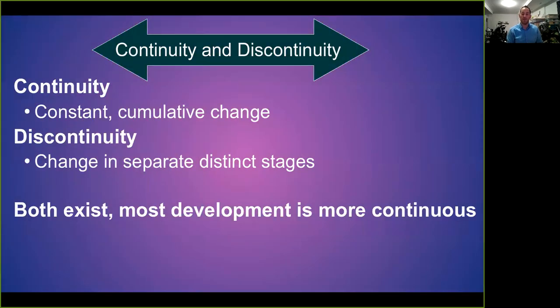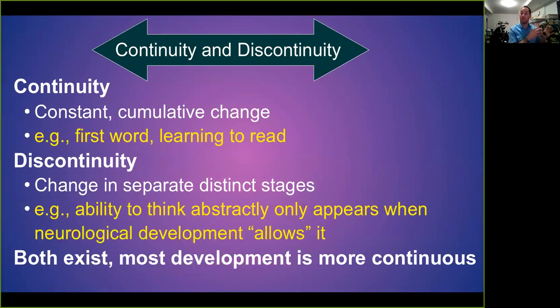Continuity versus discontinuity. A good example of something in development that's pretty continuous is the experience of learning a first word. So you might observe a baby, they're trying to make sounds, they're cooing, they're maybe saying little words, dada or mama, and they get to speaking actual words, and then later on they learn to read. That's a pretty continuous process, like step by step, versus discontinuous, changing in very distinct stages.